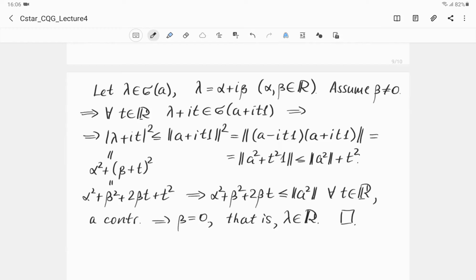So essentially, all commutative C-star algebras are of the form C0 of X for some locally compact Hausdorff topological space X. Then we discuss some category theoretic interpretation of this result and discuss the continuous functional calculus in C-star algebras.